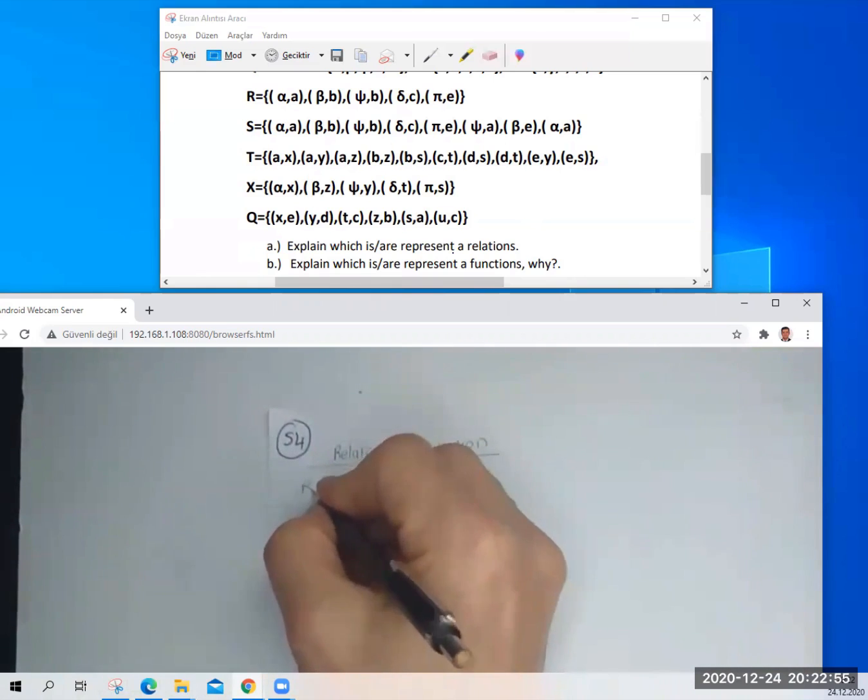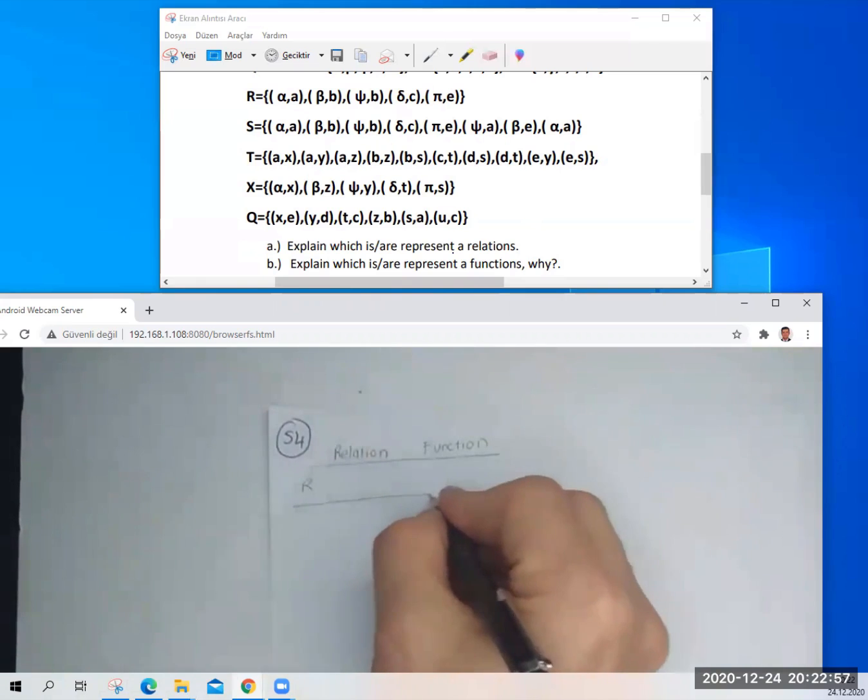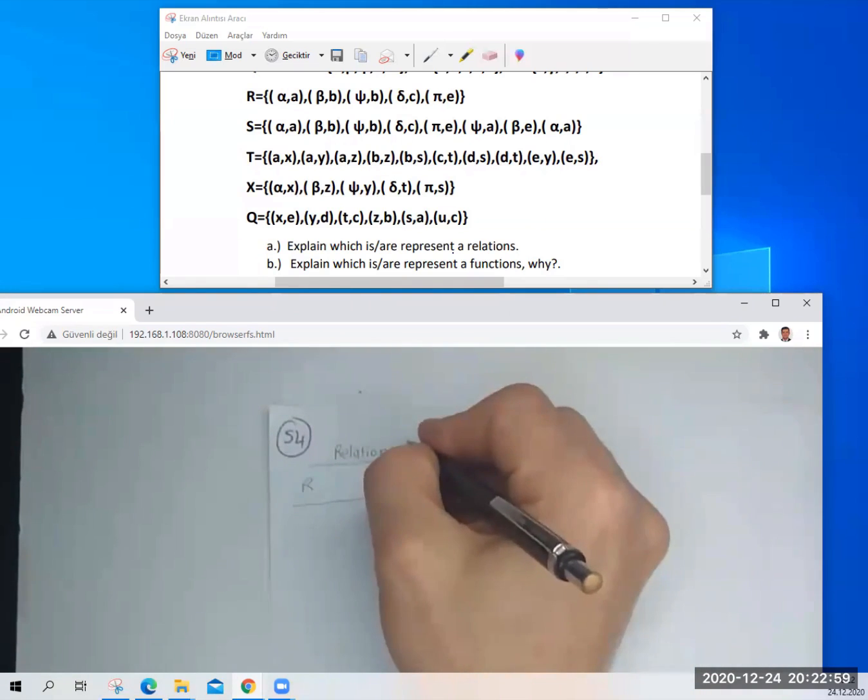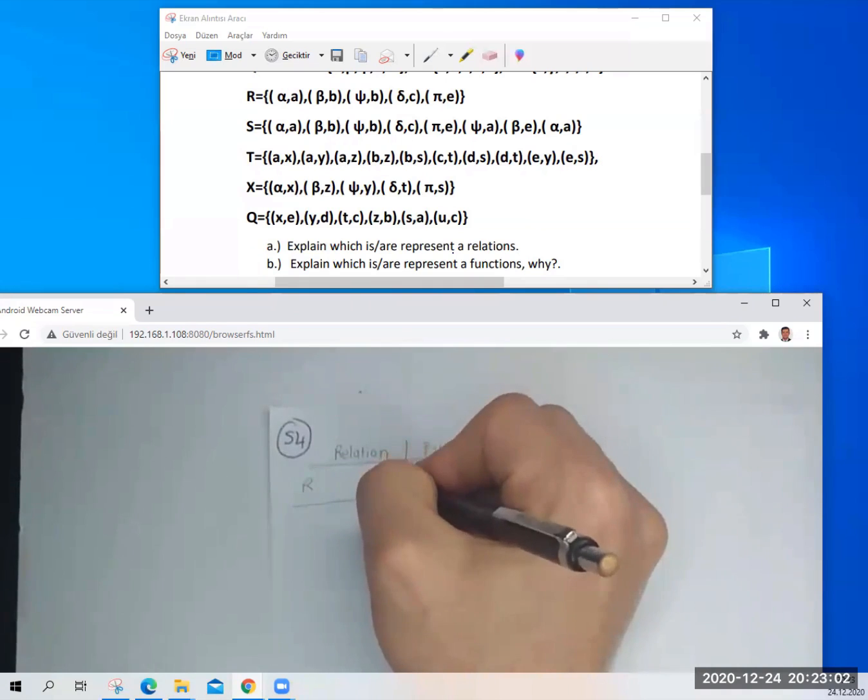With the R, let's look at one, then we will continue.